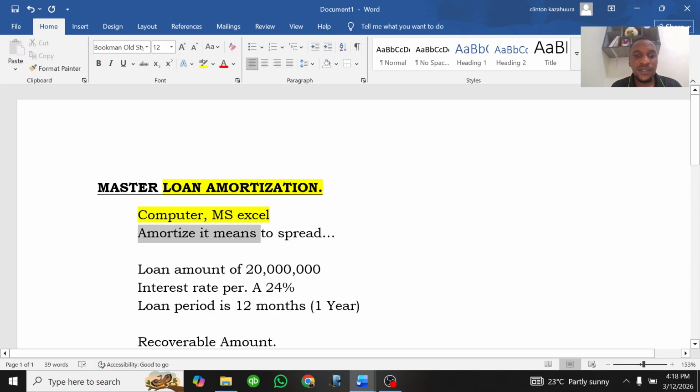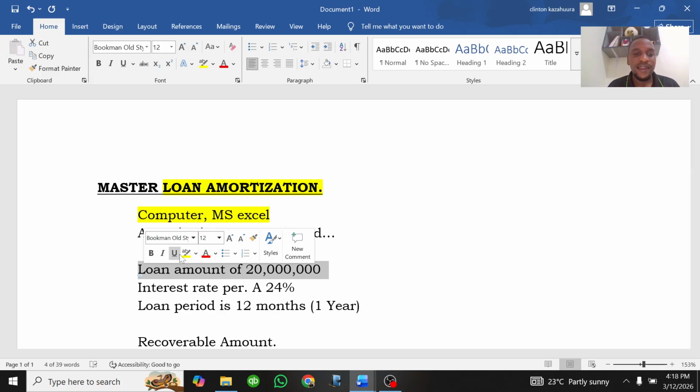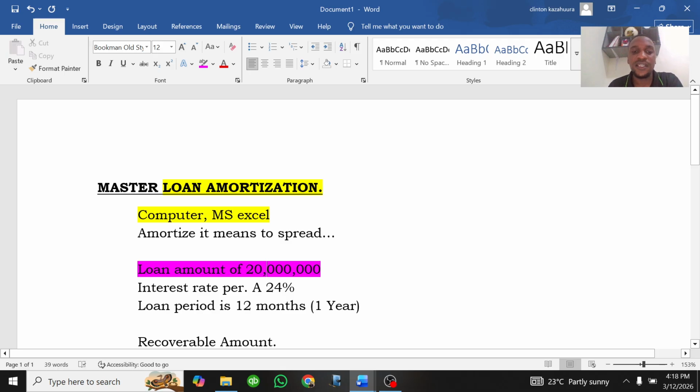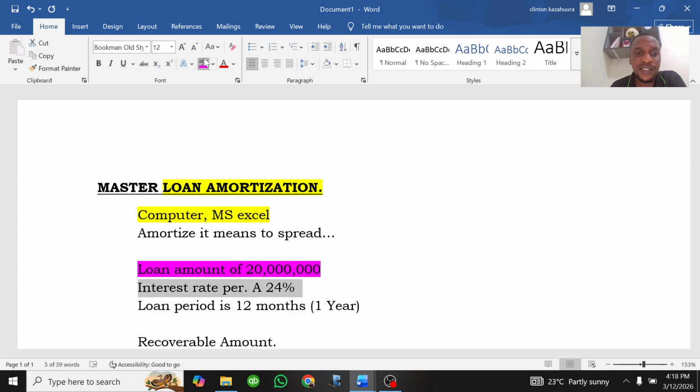Now, to amortize simply means to spread. So whenever a financial institution disburses a loan, I'm assuming that I go to a certain bank, then I acquire a loan, and the loan I'm acquiring is like 20 million. The interest rate per annum is 24%.